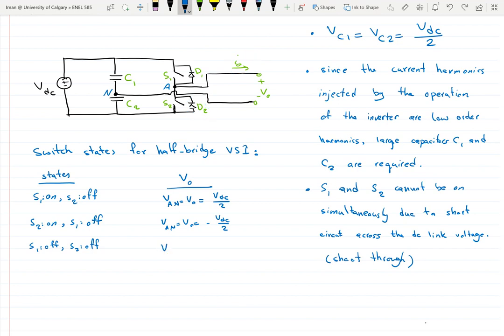Right, so VAN is equal to V out is equal to minus VDC over 2 when I out is positive. And then vice versa if I out is negative, right? So VDC over 2 when I out is negative. So this is for S1 off, S2 off.